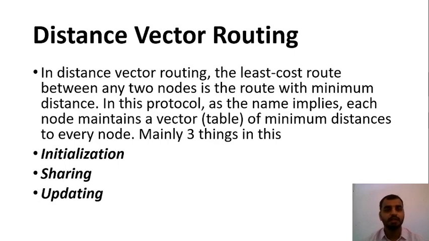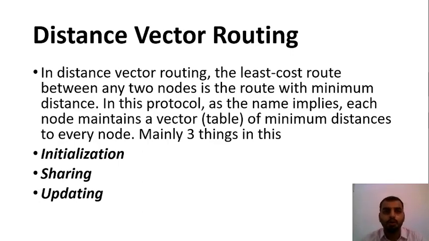Now, what are the three things involved in that? The three things involved are initialization of the routers, sharing of the data or the vector resources, and updating the tables from time to time so that the distance can be maintained efficiently and effectively. Like your Google Maps will always tell you the shortest distance and the alternate distance.